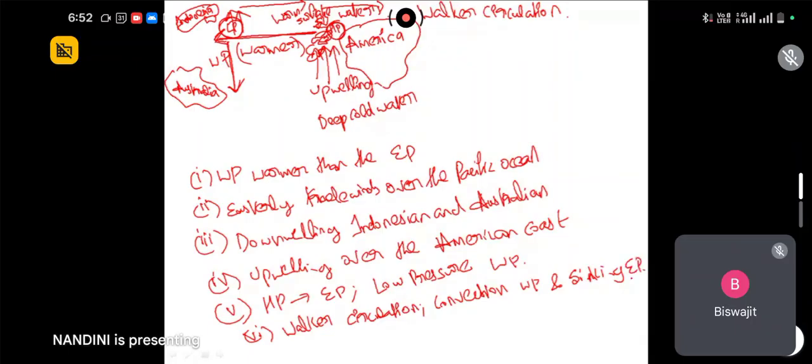So, can you say which region will be actually receiving more rainfall? Like which coast will be receiving more rainfall? Eastern coast. Why?